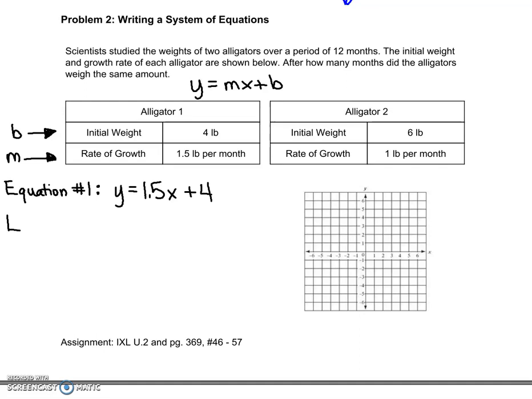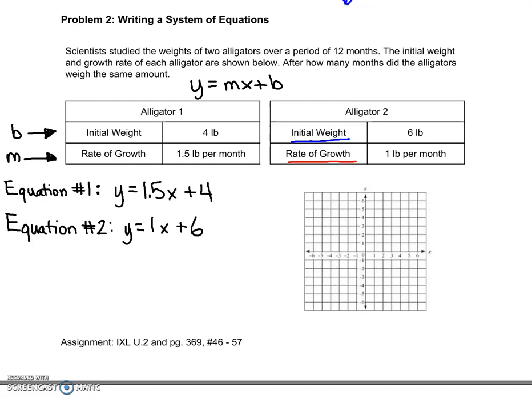Equation 2, so for alligator 2, y is equal to my rate of growth for alligator 2, which is 1 pound, so 1x, plus my y-intercept, my b, is going to be 6.